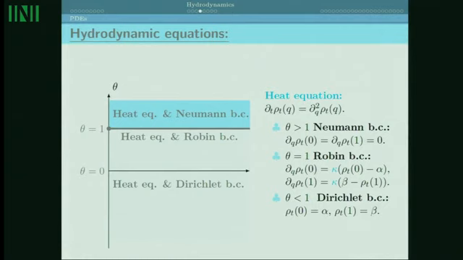This is why it is rho(0) minus alpha. You see that kappa does not appear in the case theta less than 1, but it is present in the microscopic model. It appears in this case, the Robin case. And when theta is bigger than 1, we just get Neumann boundary conditions. So the system is very, very slow.